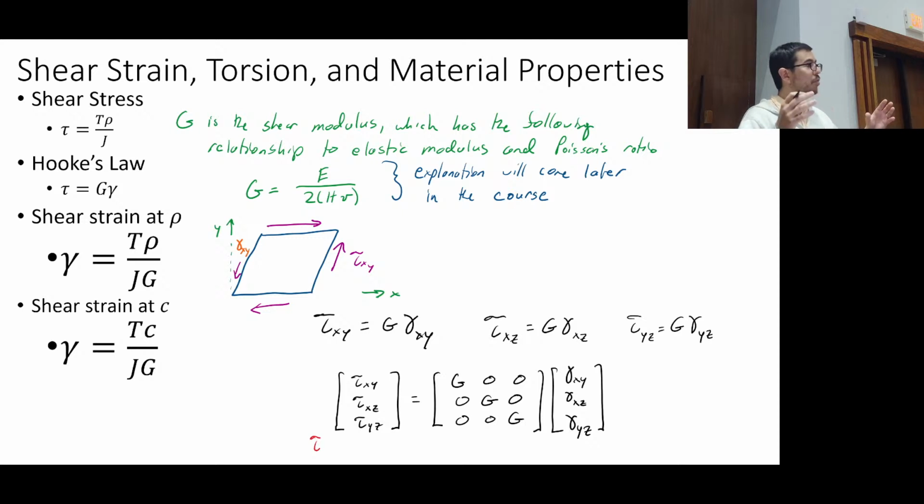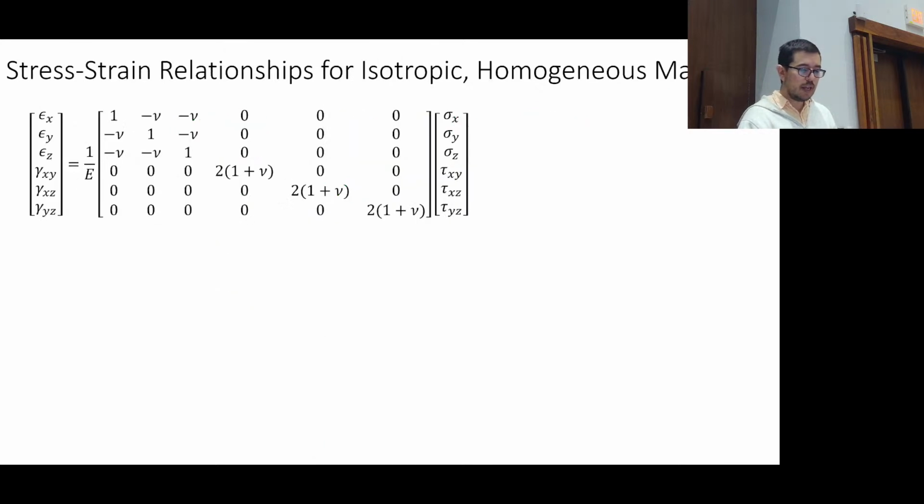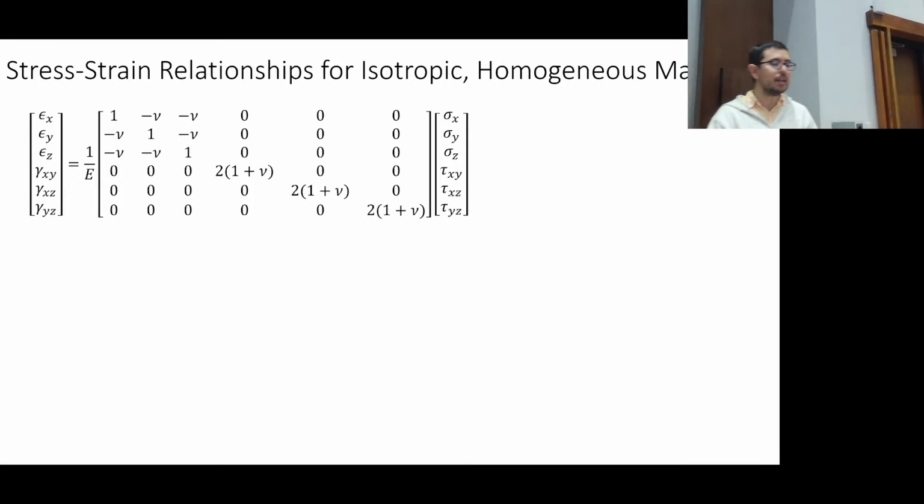But remember, if you have those orthogonal normal stresses, that's going to affect the strain that you have in that desired direction. And don't get scared, we've already done half of this.